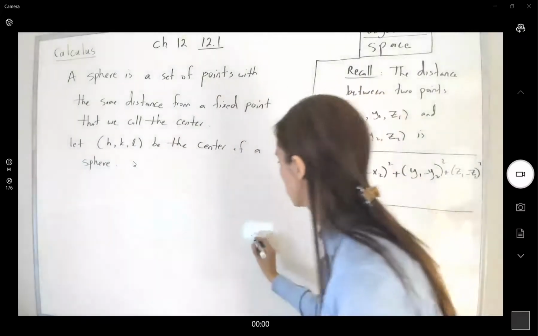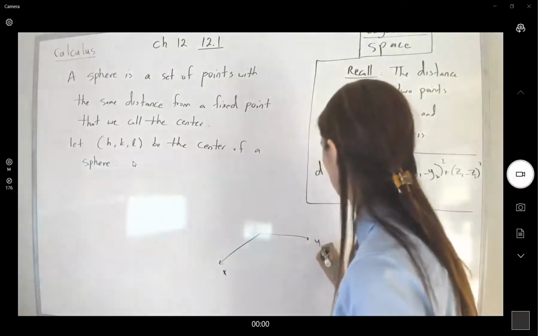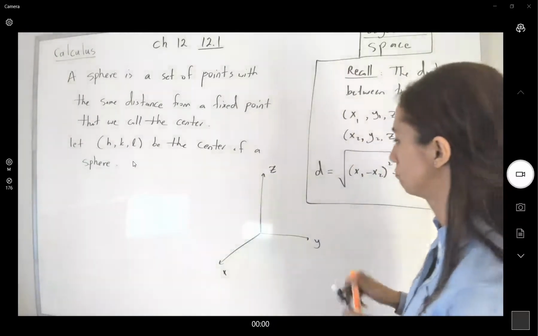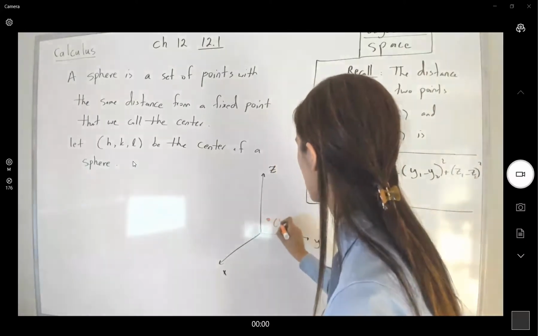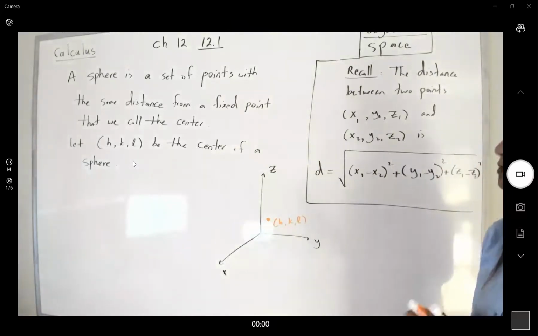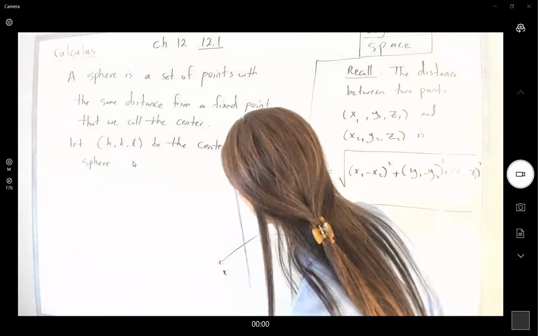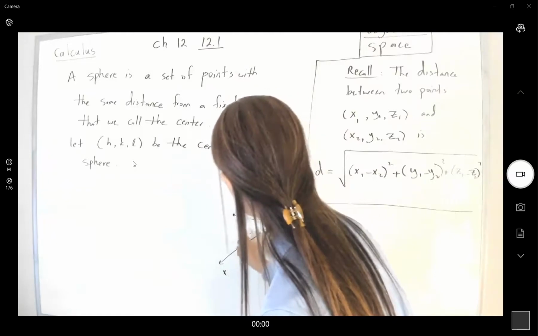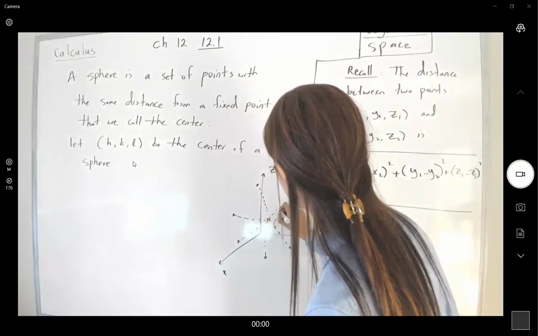So here you have your space, 3D space, x, y, z. Suppose this is your center here, h, k, and l. The definition of a sphere is you have a set of points with the same distance from the center.